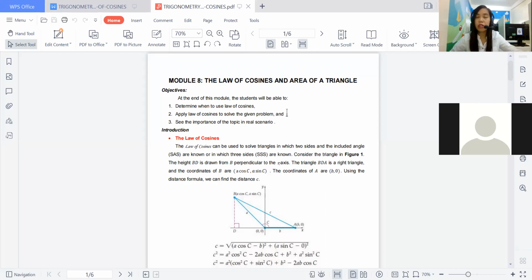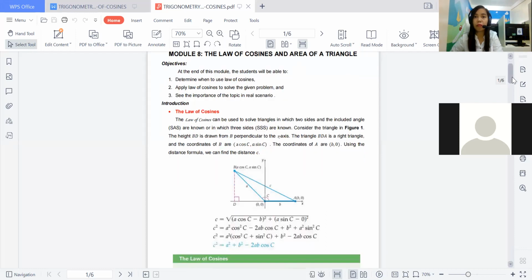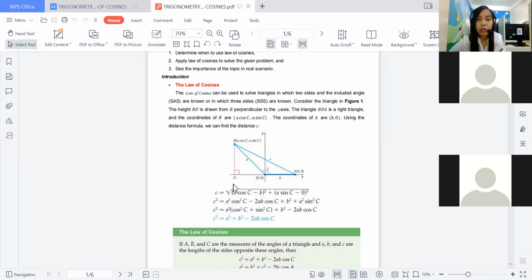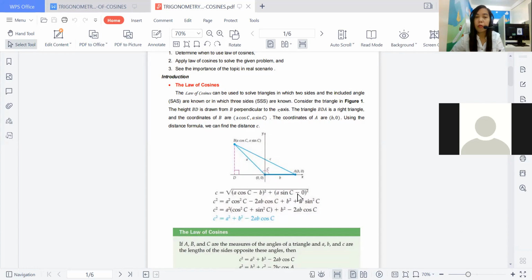So we know that the distance formula, class, is d equals the square root of the squared of x sub 1 minus x sub 2 plus the squared of y sub 1 minus y sub 2. So when we apply it to find the value of c using the distance formula, we will have the square root of x sub 1 minus x sub 2 squared plus y sub 1 minus y sub 2 squared.